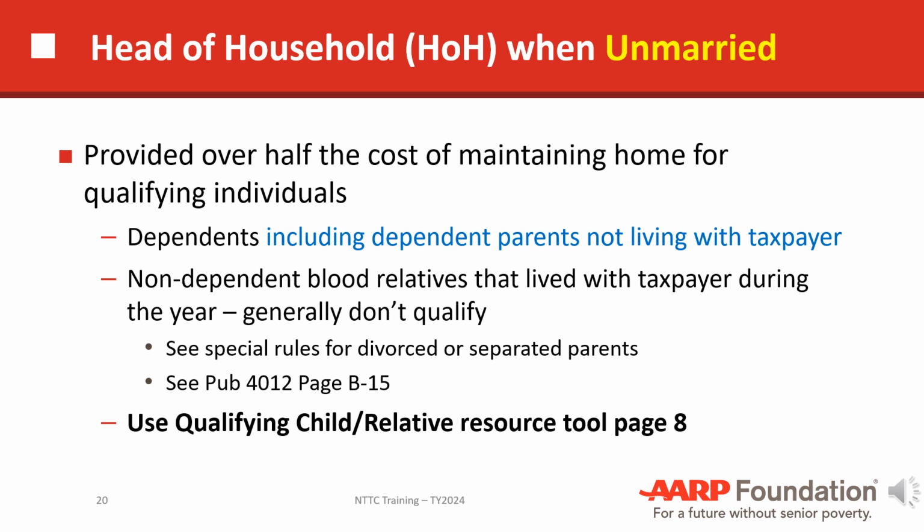You can also look at page B15, B as in Brian 15, in the publication 4012, and that gives you a pretty good feel for who qualifies the taxpayer for filing using that filing status. So now we're going to move on to the married filing status, married head of household.